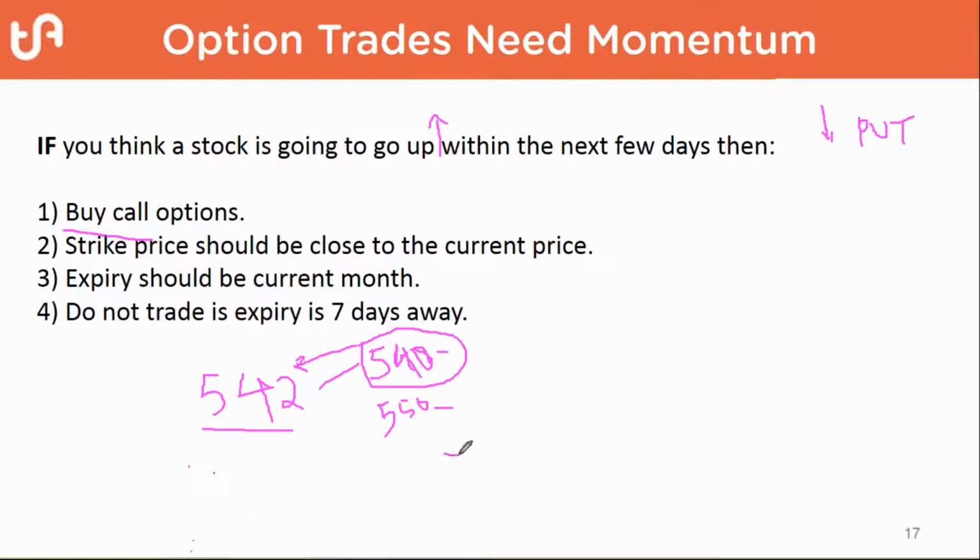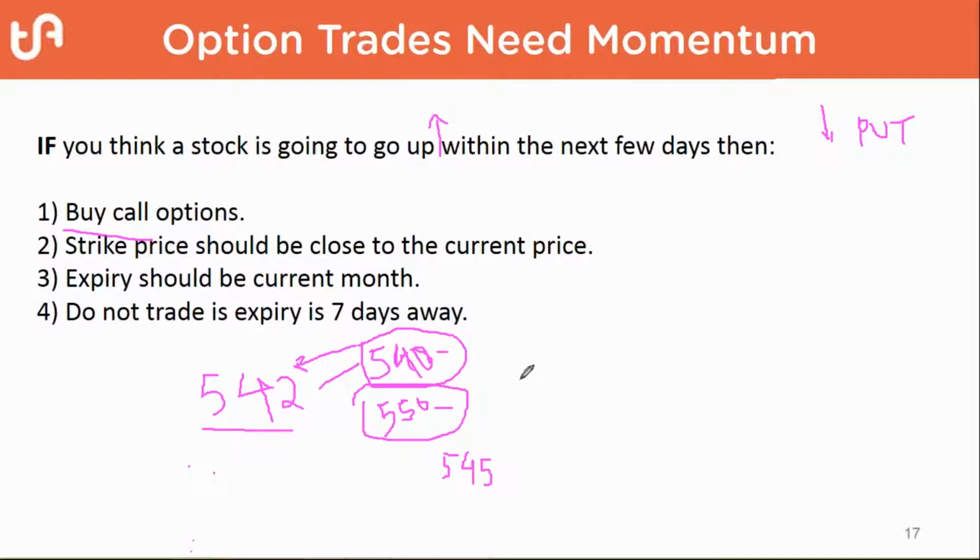In case we had the market trading at 545, in this case, would you pick 540 or 550? Still 540? Okay, so that's good.